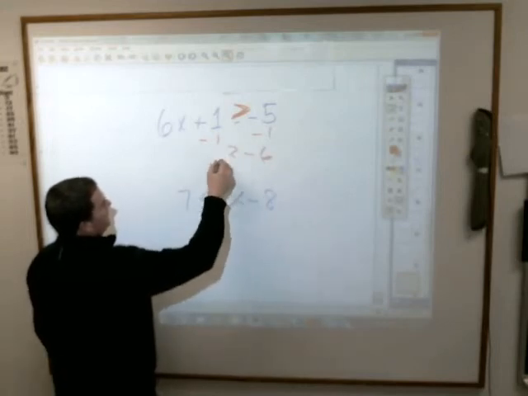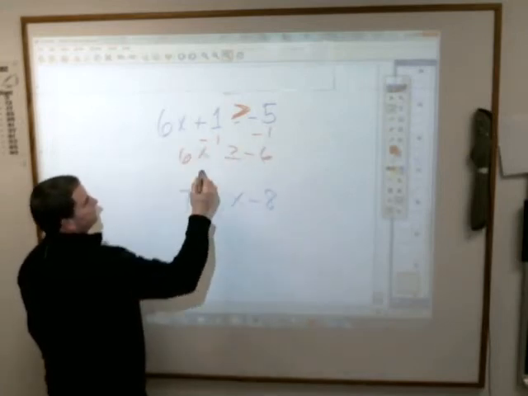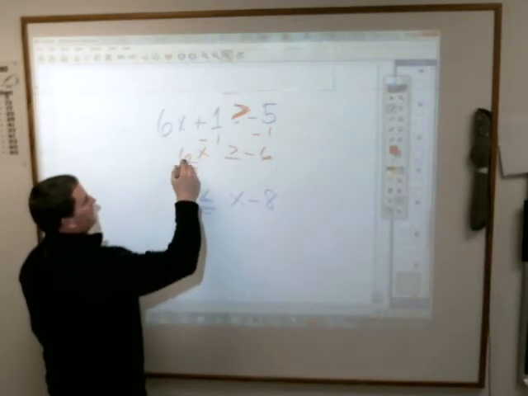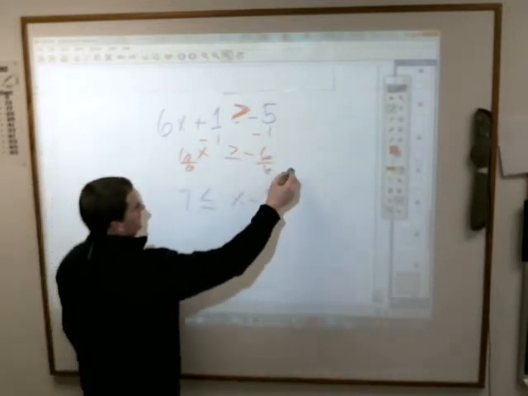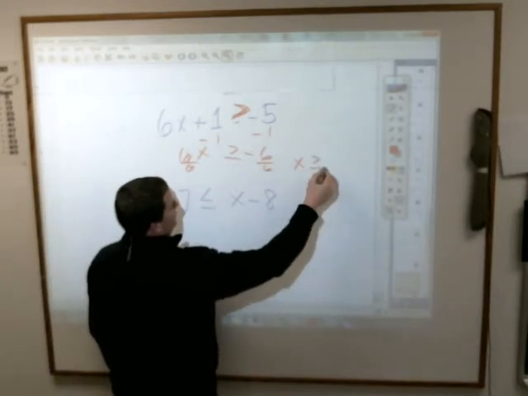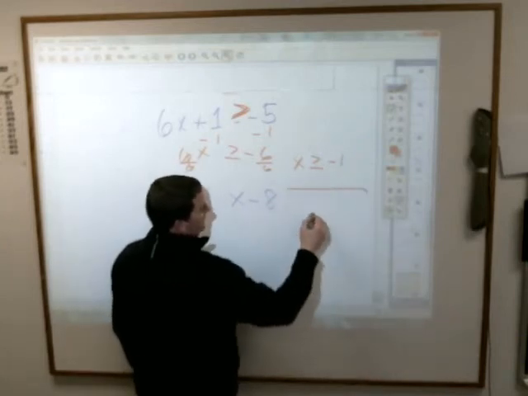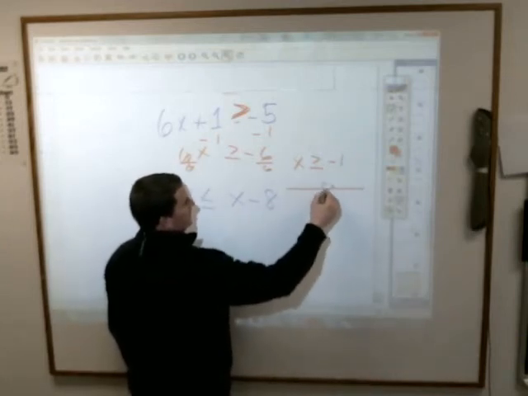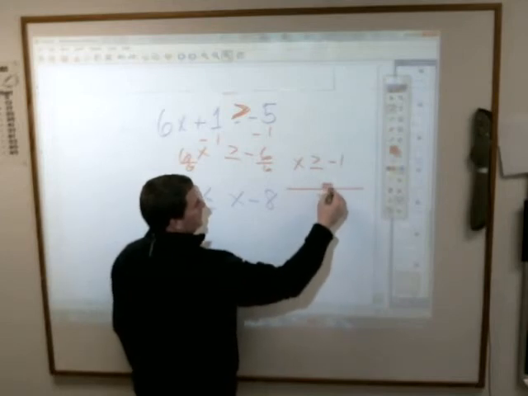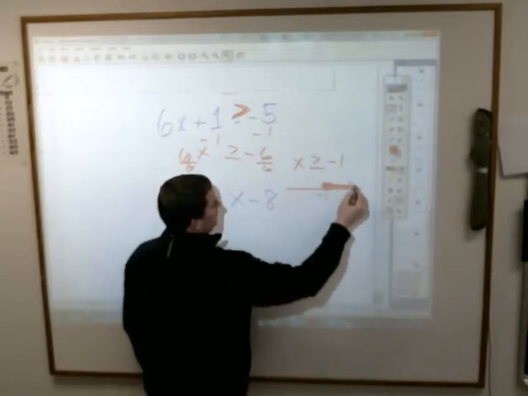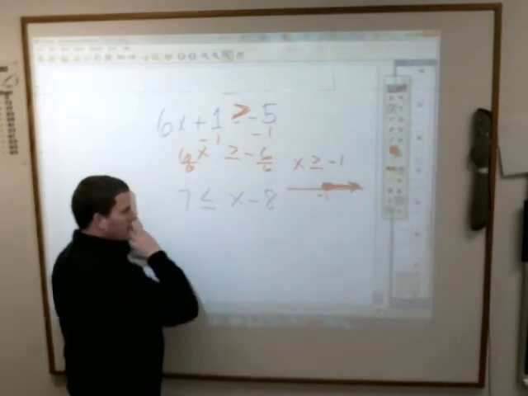You get -6. Then you should have divided by 6 and divided by 6, and you should end up with x is greater than or equal to -1. In which case, when you graph it at -1, it's a closed circle and goes off in that general direction.